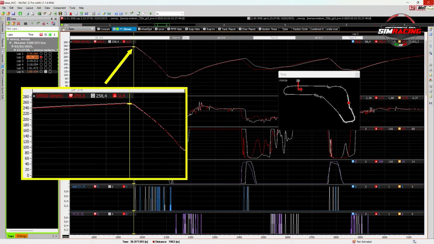At Roggia, the pattern continues. The high-pressure setup is another 2.4 kilometers per hour faster than the low-pressure one.